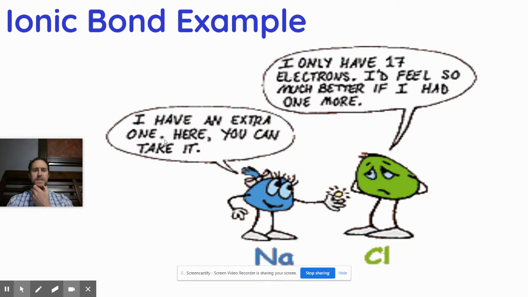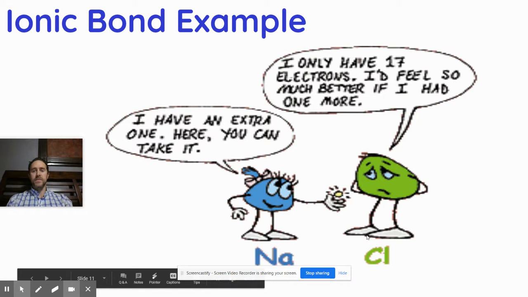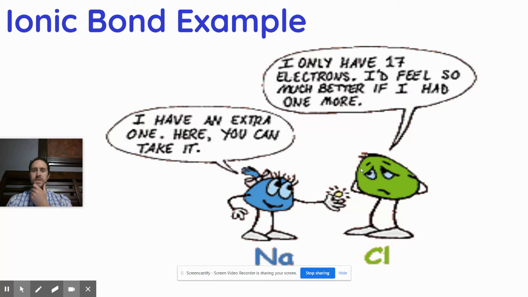Yesterday in class, if you were there, I talked about how maybe you have some extra money, someone needs some money for the vending machine, and you're going to give that away. So this is a sodium atom giving a chlorine atom its extra valence electron to make it feel happy, because everyone just wants to be happy.